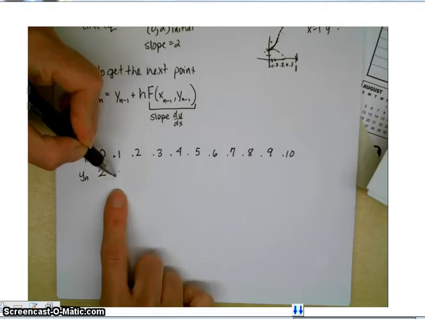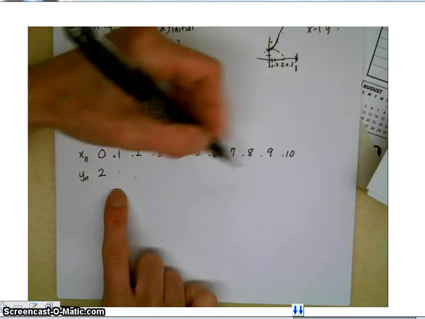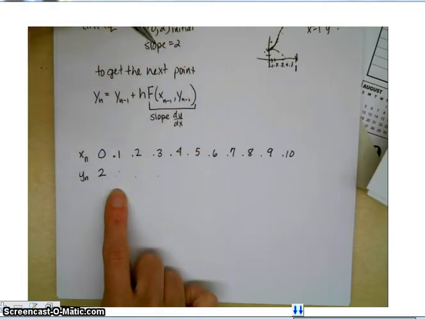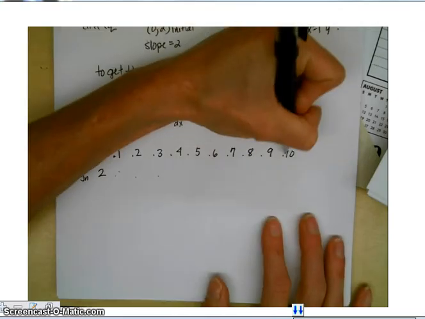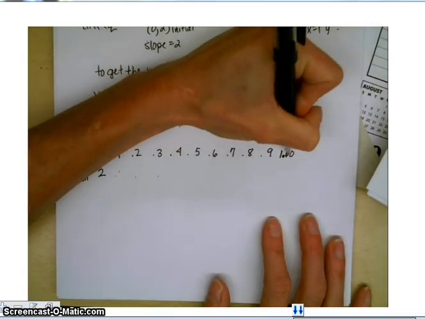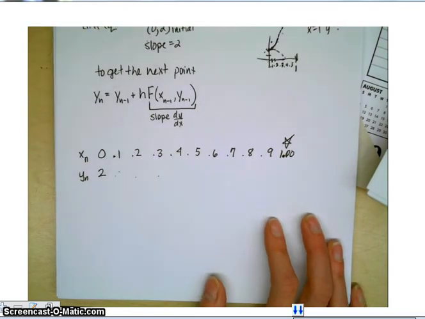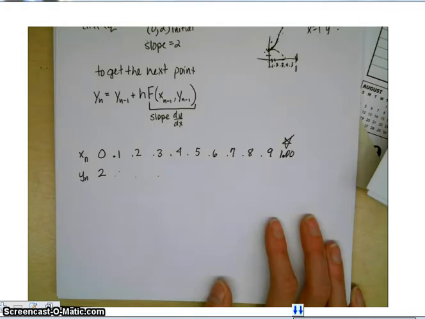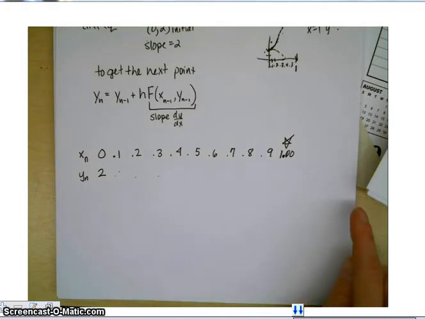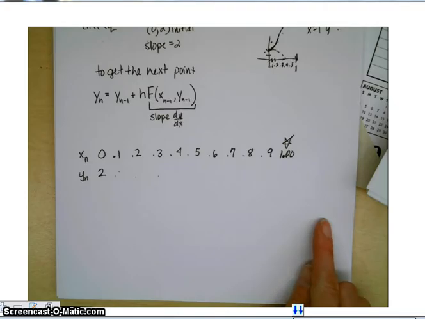So every time we're trying to fill this in, that's not 0.1, that's 1.0. That is the desired value that we want. Now, we're not going to do all of these, just so you know. We're not going to do every one of these steps. I just want to give you the idea of how this works.